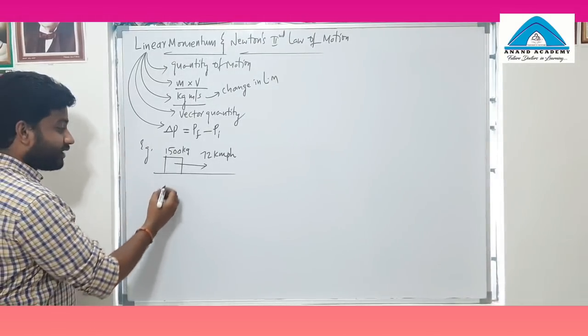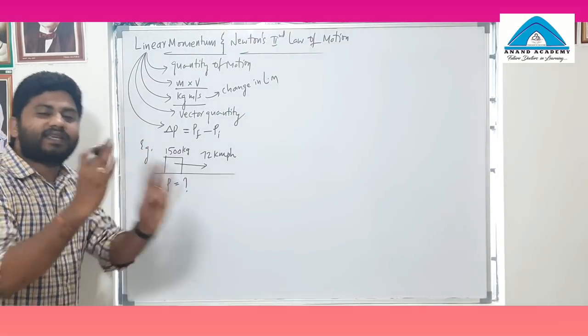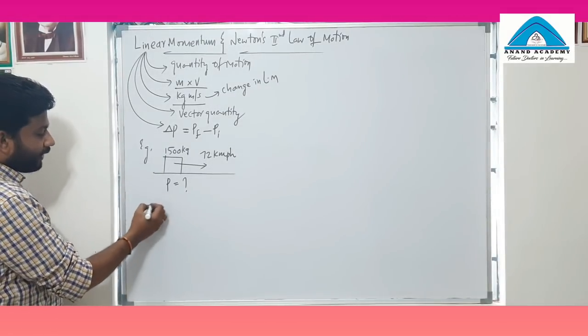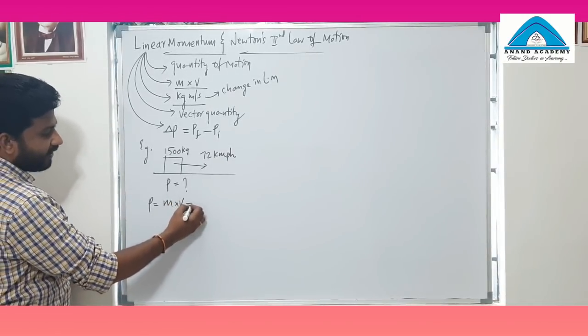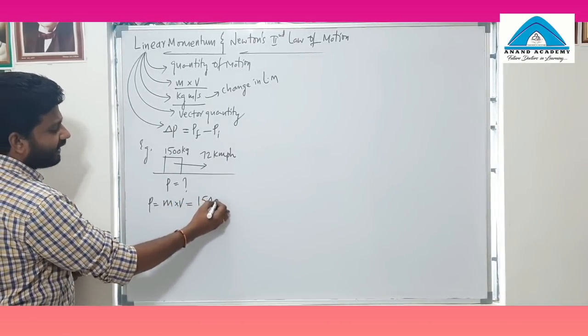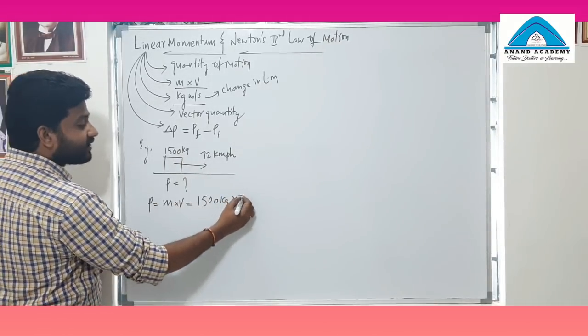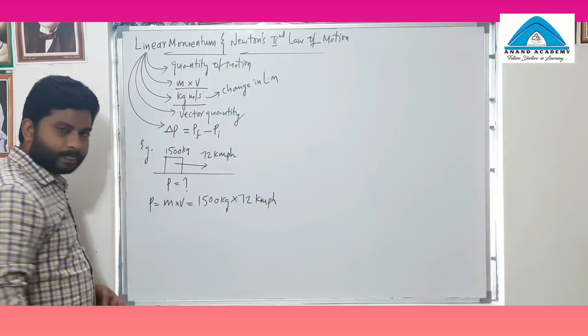The question is, find the linear momentum in this case. As per the formula, we have mass into velocity, where mass is 1500 kilogram and velocity is given as 72 kilometer per hour.